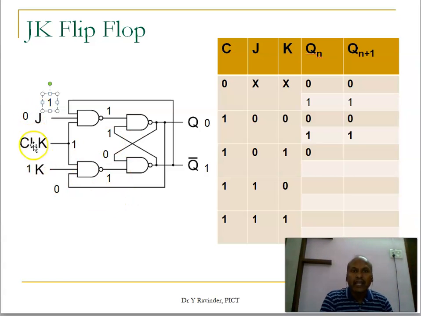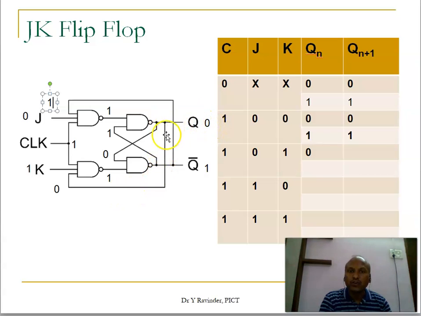So when J is 0 and K is 1, the output of this NAND gate will be 1 irrespective of these three. But here this is 1, this is 1. So the output of this will depend upon this. But this input is fed from here.